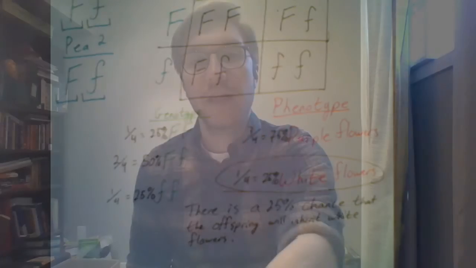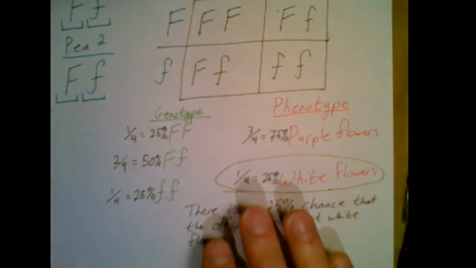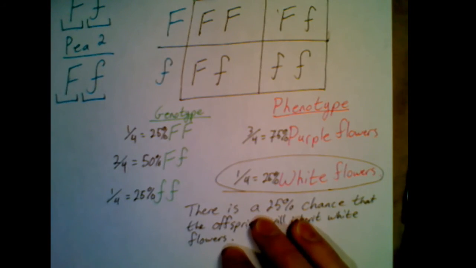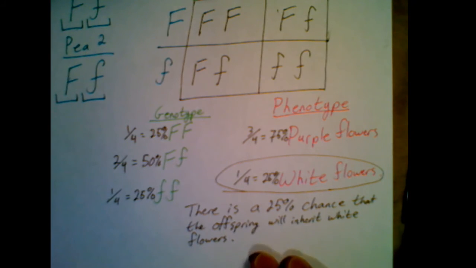So a great thing to think about, if we go back to what we saw under the camera, let's say you bred these peas and you somehow got 100 pea plants from them that you could grow. How many would you expect to be purple? Well, you should expect 75% of them to be purple. So since there's 100, expect 75. In reality, though, probably not going to be 75.